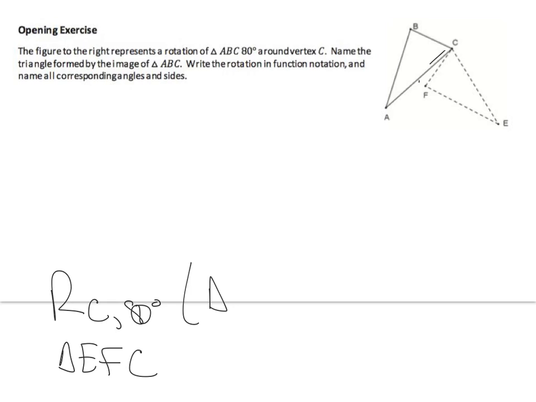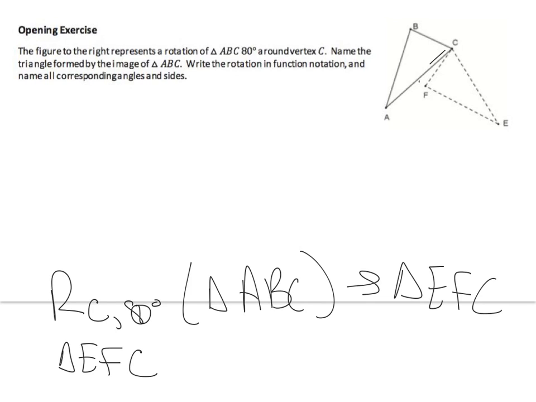I don't know why I wrote B, probably because my triangle looks like an A. Goes to triangle EFC. Now the corresponding parts.